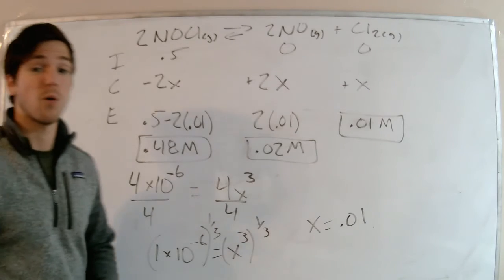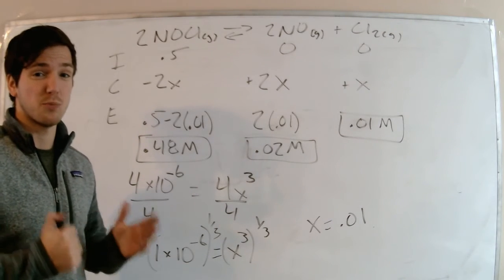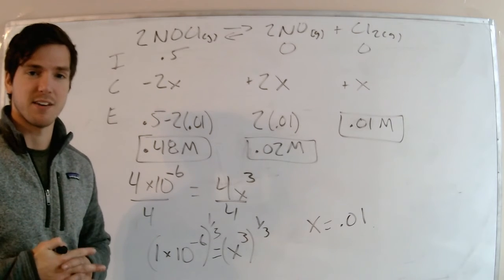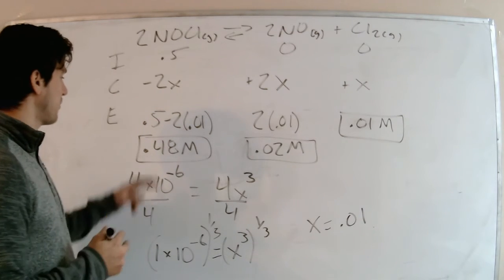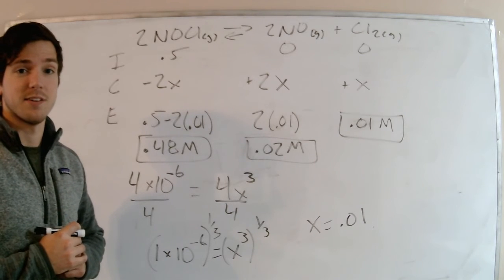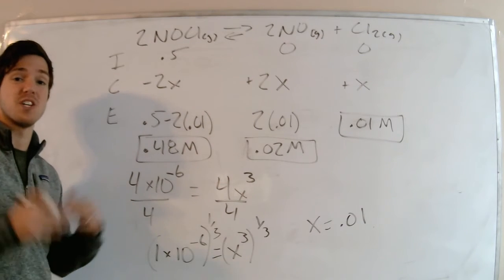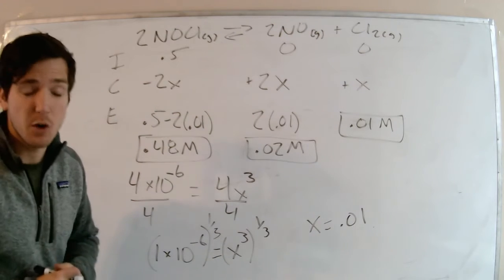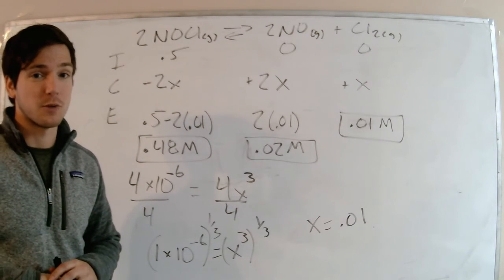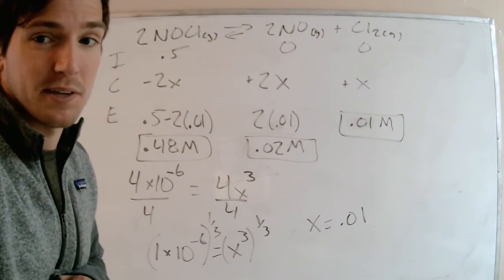That makes a whole lot of sense, right? Remember, our K was super, super small. It was that 1.6 times 10 to the negative fifth, right? So you should assume that you're not going to create a whole lot of reactants here. So that is a situation in which you can assume x is 0 because that K was so small. Let's go ahead and let's do a couple more examples and then we'll be done.